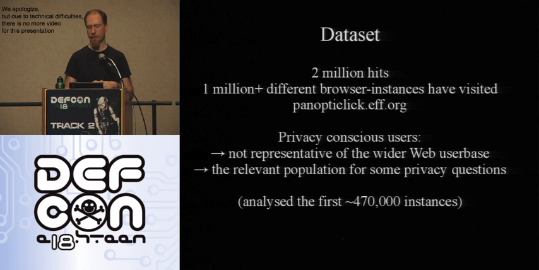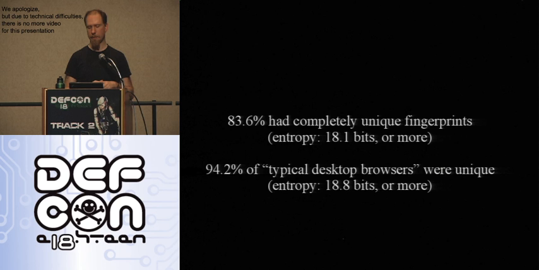And another point is that the data in this talk is all based on the first 470,000 odd instances, so the first half of the data set. Turned out people were really unique. 84% of the browsers that came to our test site were completely unique in the data set.